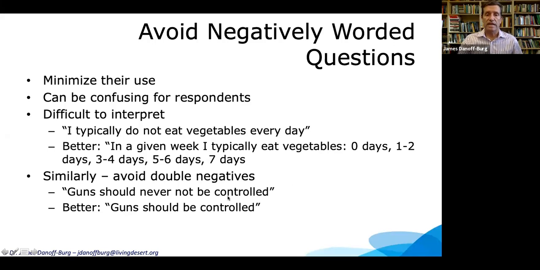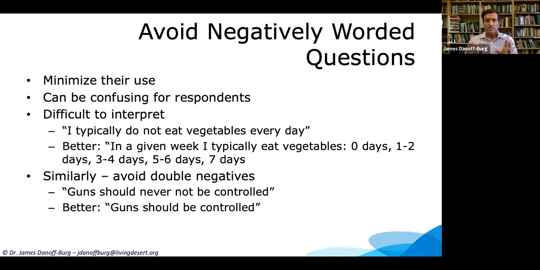So similarly, avoid double negatives. Guns should never not be controlled, which means that guns should always be controlled, I think. Or just guns should be controlled. Right? These double negatives where it's never not, or I rarely never, right?